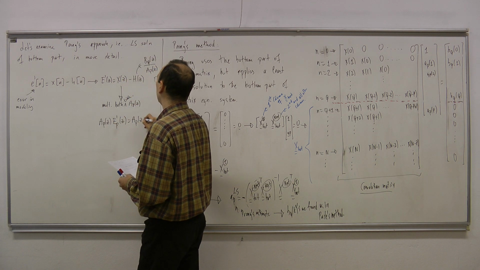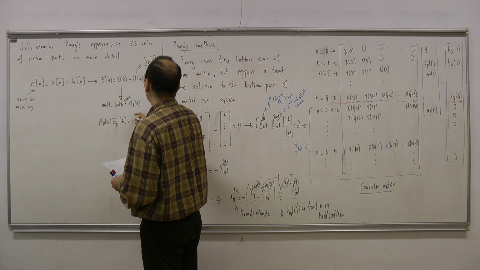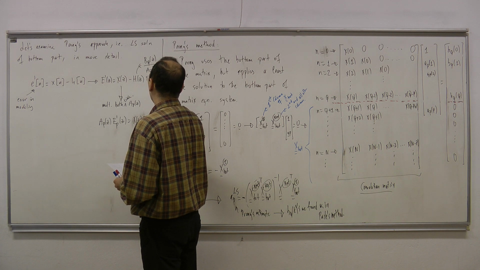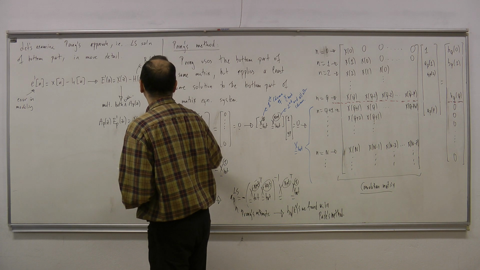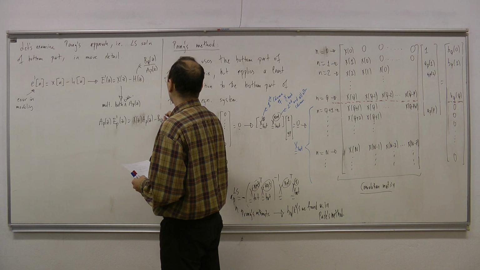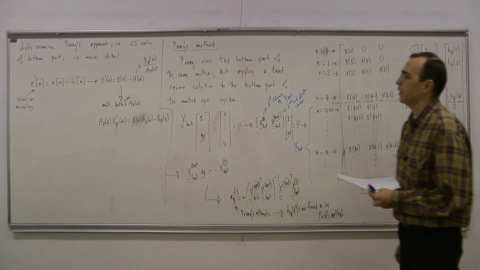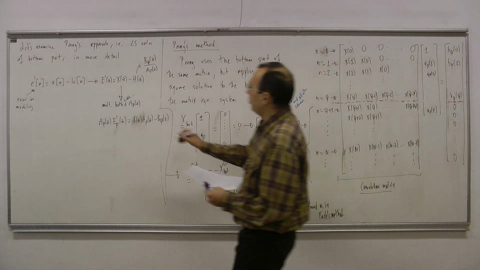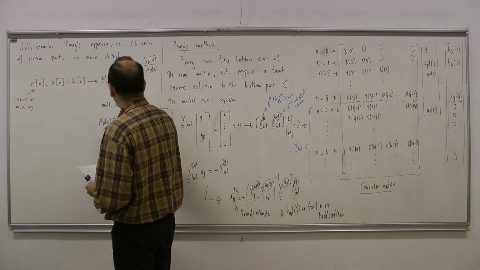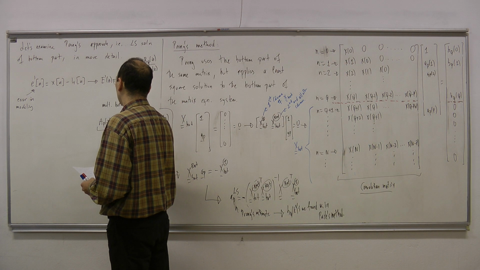So let me write x first. X of z, ap of z, minus bq of z. I get that. Well, now we define this one as Prony's error.